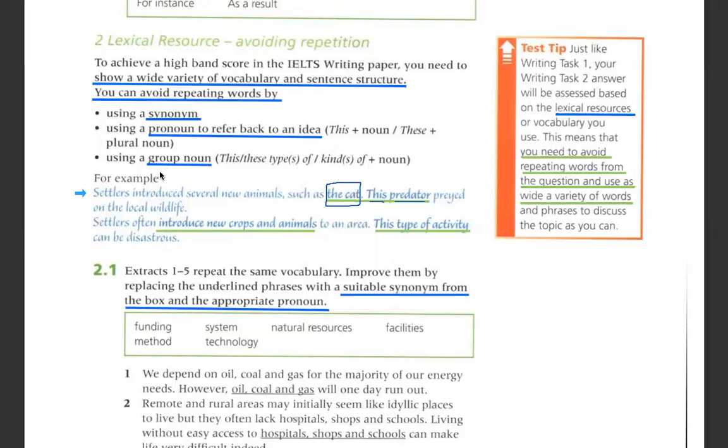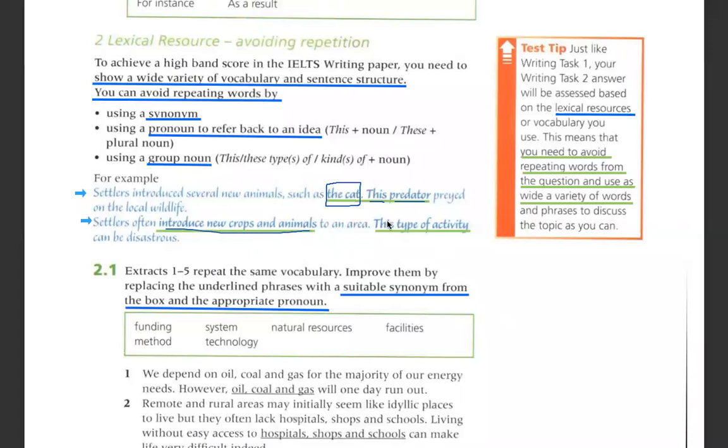If we have a group noun, we can use this or these with types or kind of with the noun. Okay, let's have a look at this sentence to understand. So settlers often introduce new crops and animals. So this is a group noun, new crops and animals.